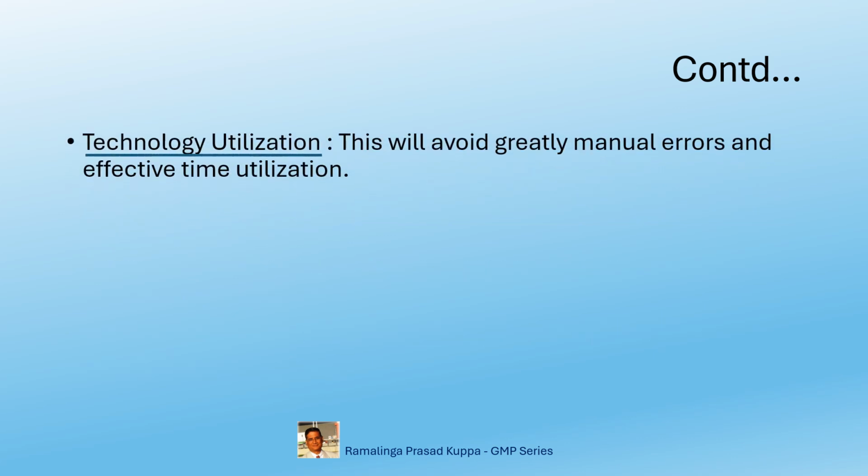Technology utilization. This will greatly avoid manual errors and allow effective time utilization. Artificial intelligence (AI) based technology will greatly help to design effective Lean GMP technology in production, QC testing, and the distribution network, and will track the product and services faster than the manually operated system.